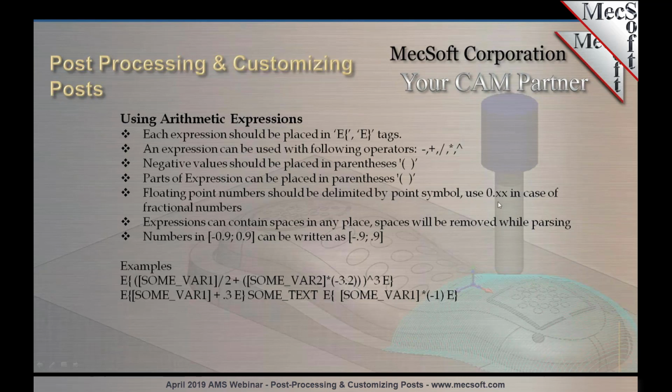Instead of fractions, you want to use decimals, like instead of typing a 1/4 of an inch, you type in 0.25. And you can also have spaces. Those will be removed while it's being parsed, and numbers can be entered either as 0.9 or .9, for example. So we will go ahead and insert an expression into the post.